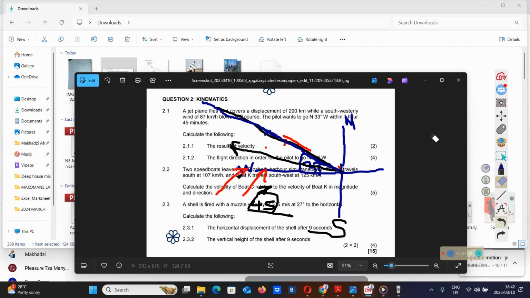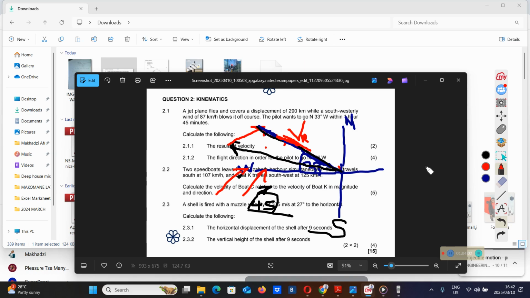If you close the triangle, you will have the velocity of the wind, which is going to be this. Then your triangle will be this one. So this will be the resultant velocity. So 2.1.1, that's what you have to find.